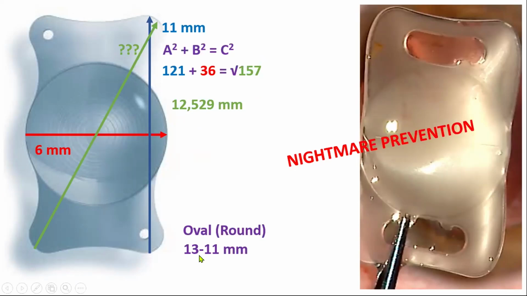So at least you need a 13 millimeter ring to not overlap the lens haptic or the lens plate. This is the reason why for plate lenses, I choose the 13 millimeter round, because as this plate is too thin, I don't want again the lens to dance inside the capsular bag.